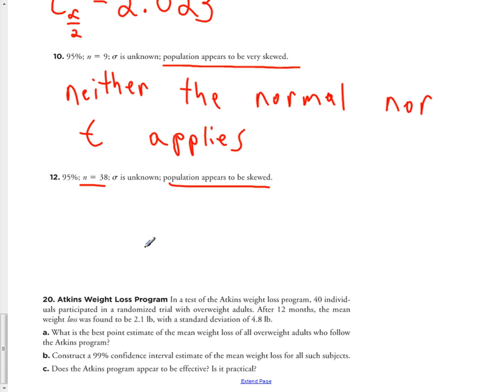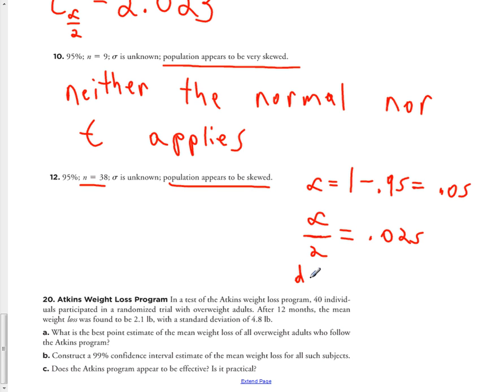To do that, we need to know alpha over 2 and the degrees of freedom. Alpha is 1 minus the confidence level, which is 1 minus 0.95, which is 0.05. Alpha over 2 is half of that, 0.025.